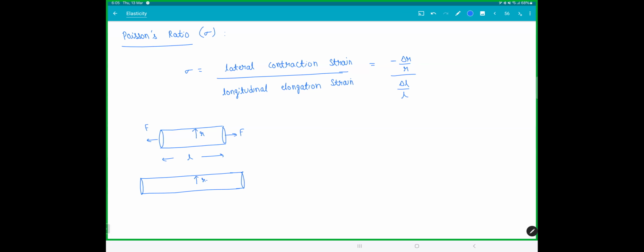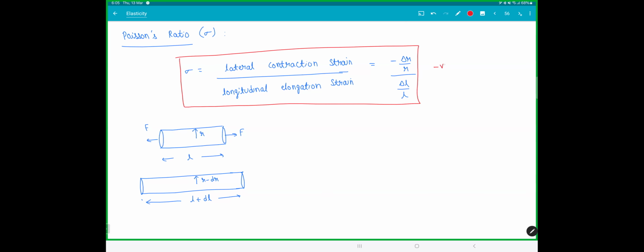The radius becomes R minus dr and the length becomes L plus dl. So technically this is the main formula there. And the negative sign indicates that if length increases, radius has to decrease.